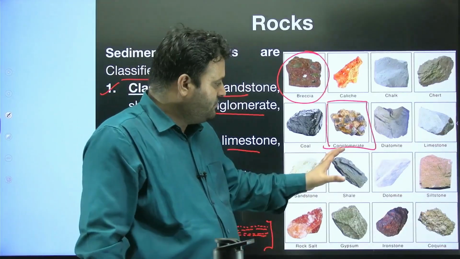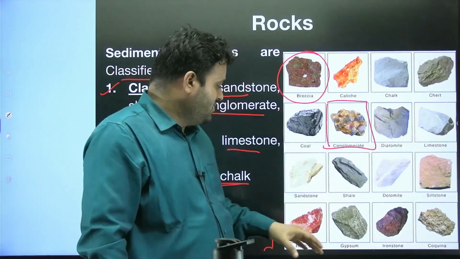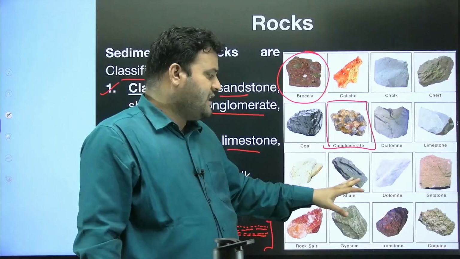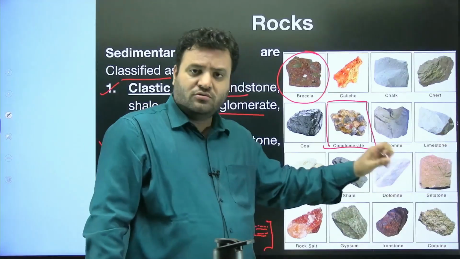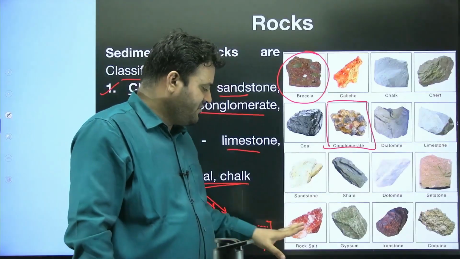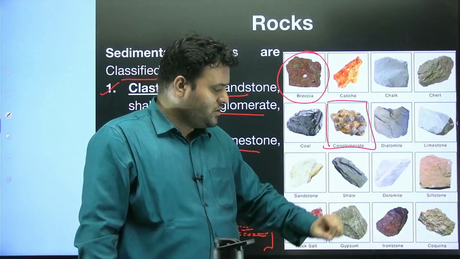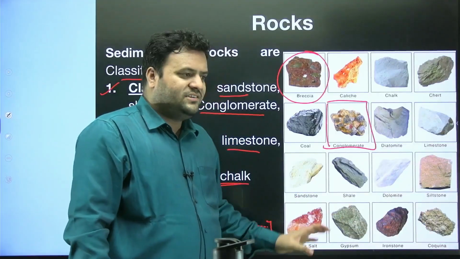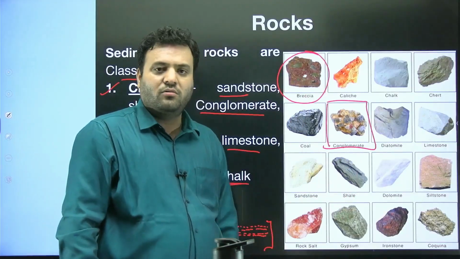Then we have diatomite, limestone, sandstone, shale, dolomite, and siltstone. Here you can see rock salt, gypsum, ironstone, and coquina. These are examples of sedimentary rocks on our earth.